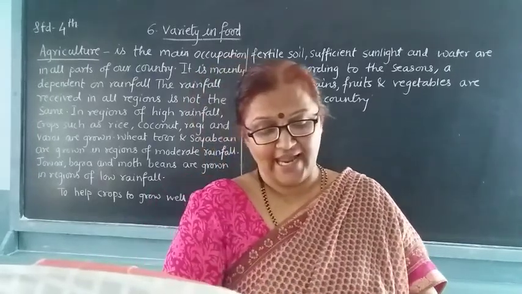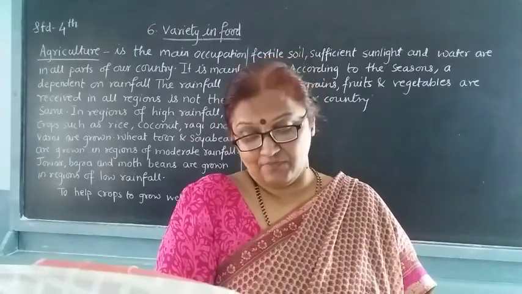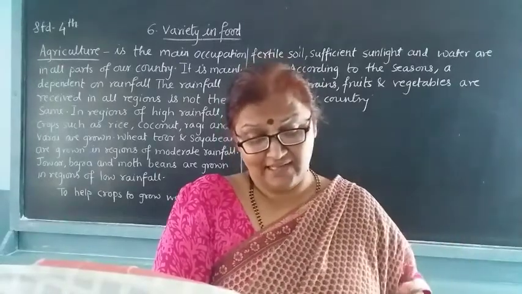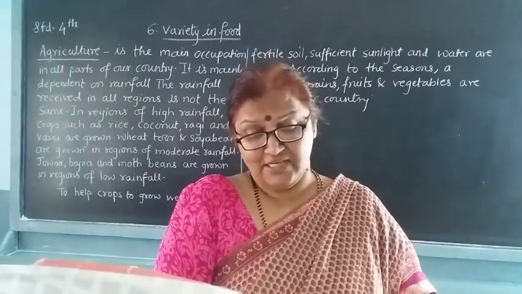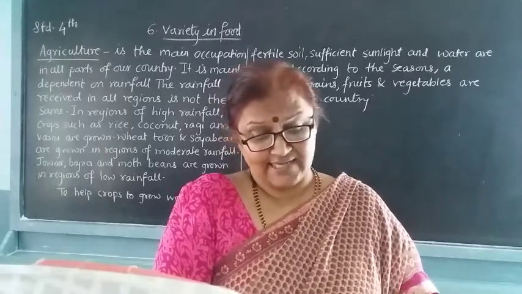You have to add the food which is not in your list from the others. For example, here it is given, we prepare modak, we prepare dosa from rice also.